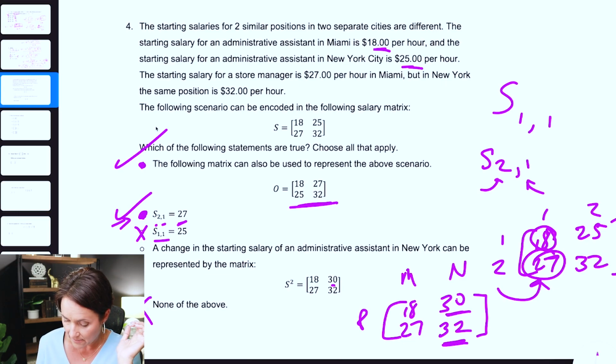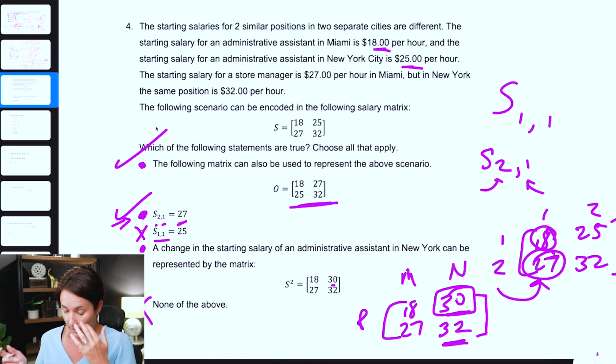And it looks like, yes, this is represented correctly because we changed this 30 from 25 to 30, but everything else is lined up correctly. We have 18 as the administrative assistant in Miami, 27 as the store manager in Miami. We have 30, which is the change from the 25 admin assistant in New York, and then this 32 for store manager.